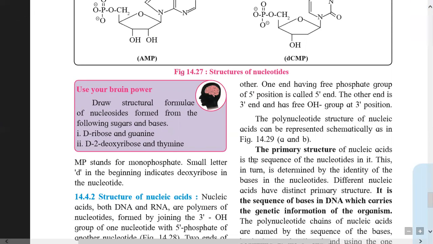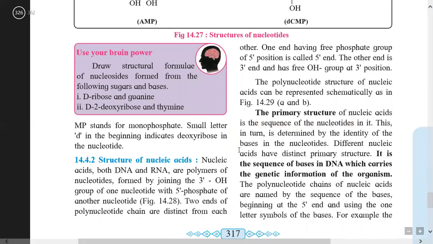The primary structure of nucleic acid is the sequence of the nucleotides in it. So in the primary structure, we will observe mainly the sequence in which these nucleotides are joined together. This in turn determines the identity of the base in the nucleotides.